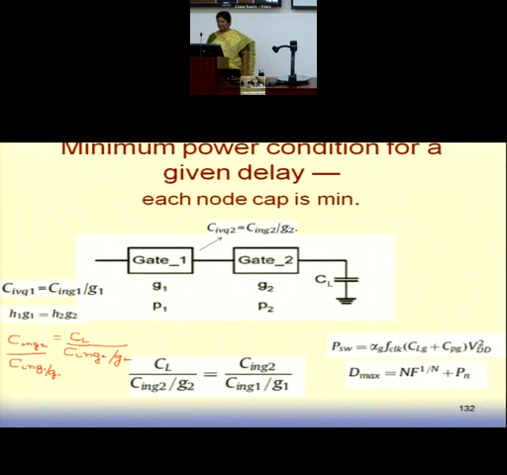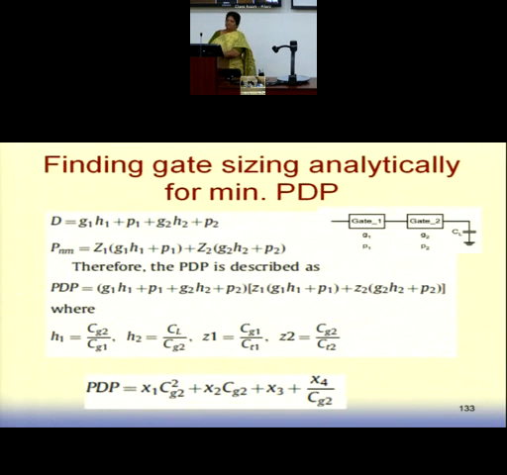So here I want to find now the gate sizing for my minimum. So delay, again I am taking the same structure. The delay equation is given by this, and normalized power is given by this.